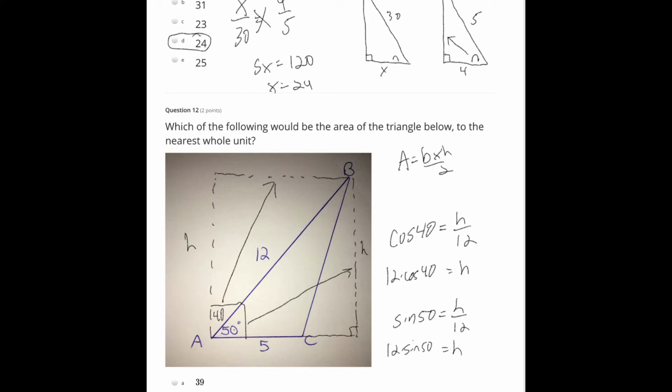Let's calculate this. 12 times sine 50 is my height, which I get 9.19 or 9.2. Okay, so we said our base is 5, so area equals 5 times 9.2 divided by 2. My area would be 5 times 9.2 equals 46, divided by 2. 23 is what I get.